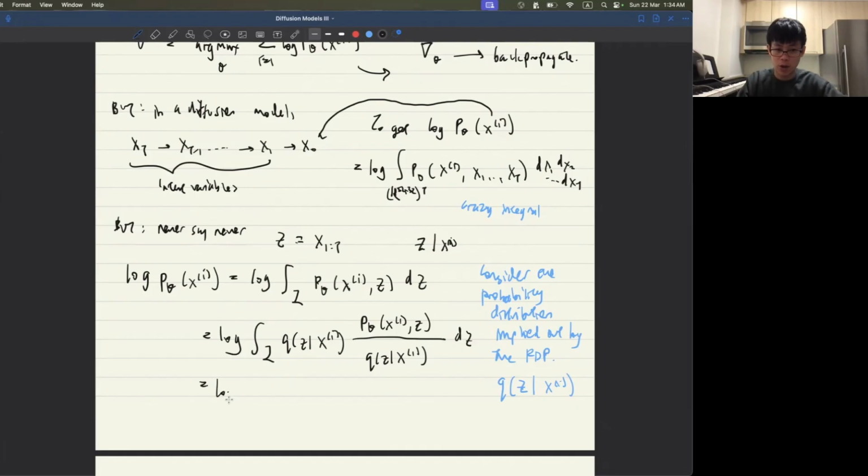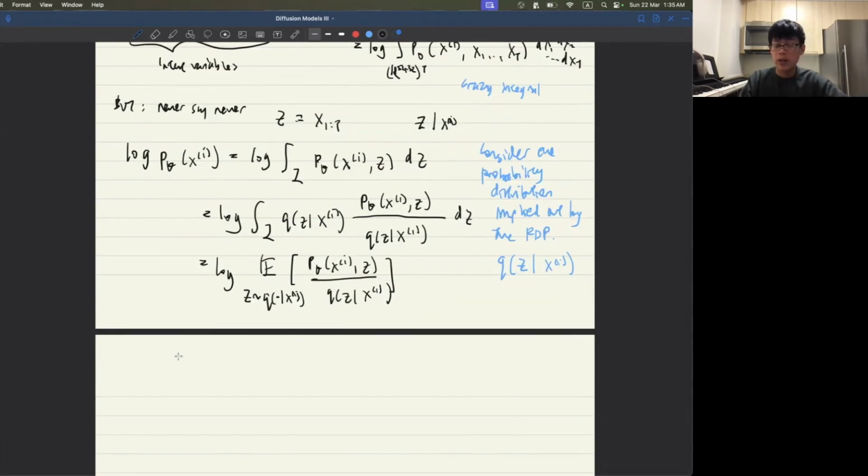We can write it as the log of the expectation, with z sampled from the forward diffusion process, which is q conditioned on x0, of p_theta(x0, z) over q(z given x0). Well, how does this help us?